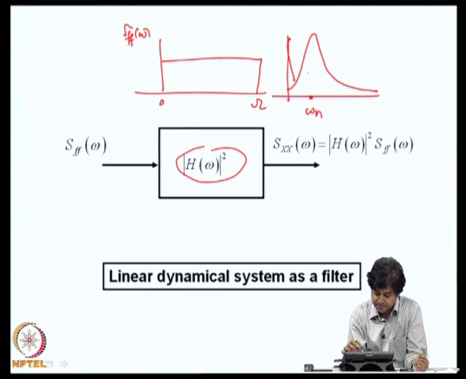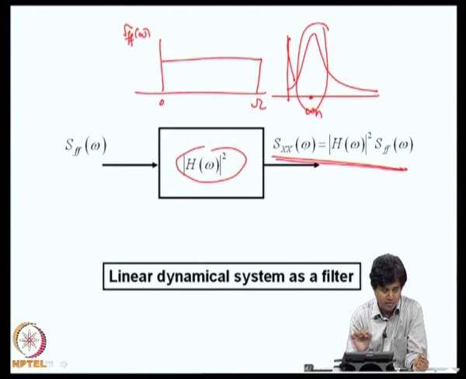So, that would mean the system will permit only those frequency components in the input which are near the large values of the system transfer function to be manifested in the output power spectral density, or in other words, the system behaves as if it is a filter to pass frequency components in the input selectively through its transfer function.